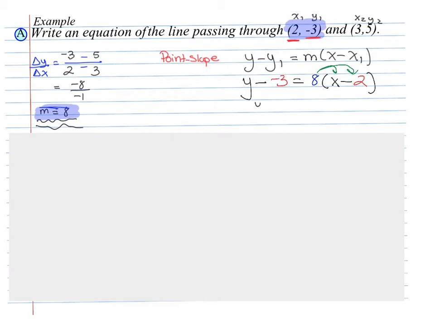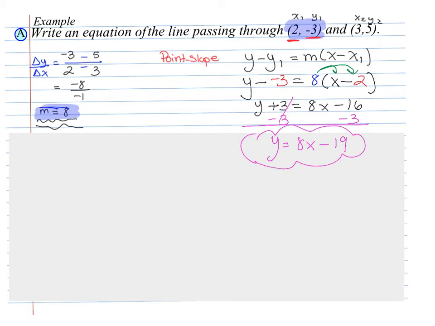I'm going to have y plus 3, because these two negatives become positive, equals 8x minus 16. I need to solve for y on my left side because I want to write it in slope-intercept form. So I'm going to subtract the 3 from both sides. And now I have y is equal to 8x minus 19. And this is my equation in slope-intercept form.